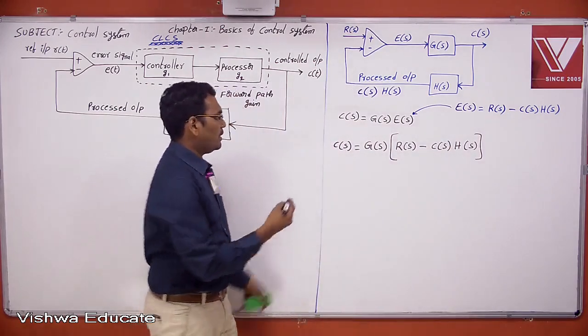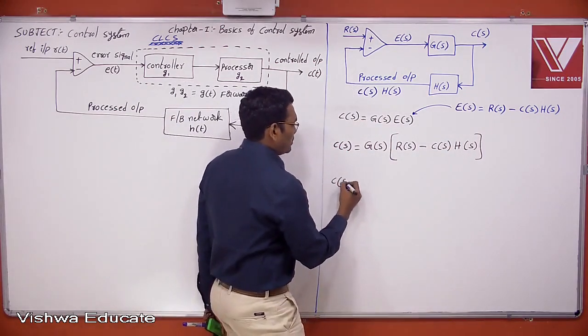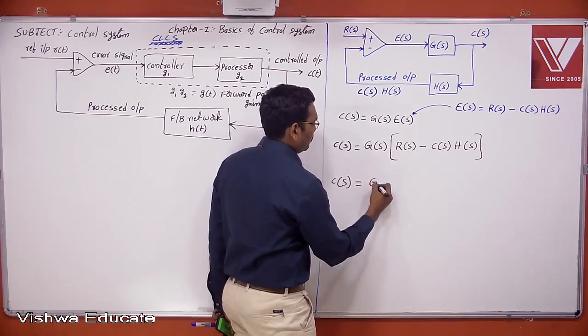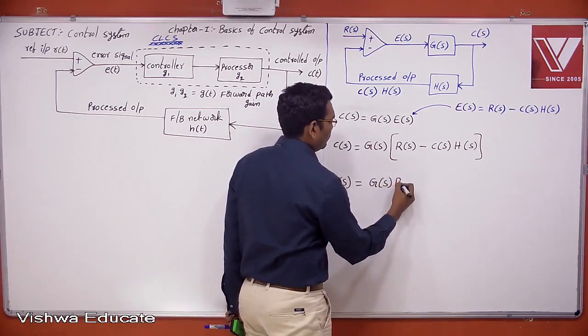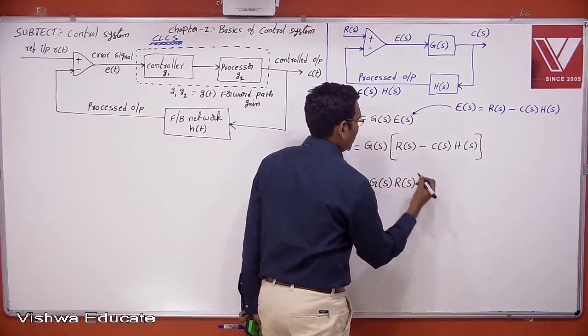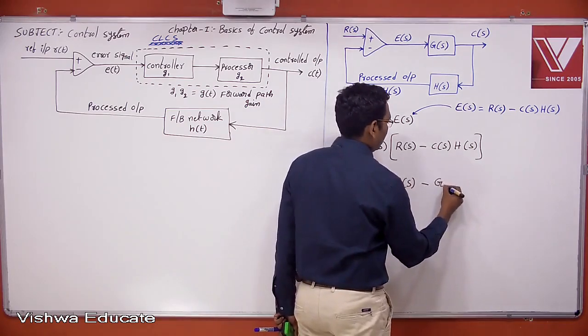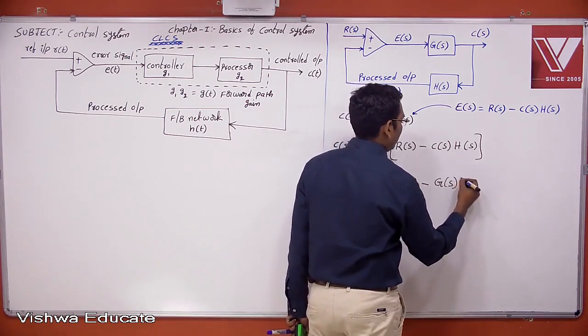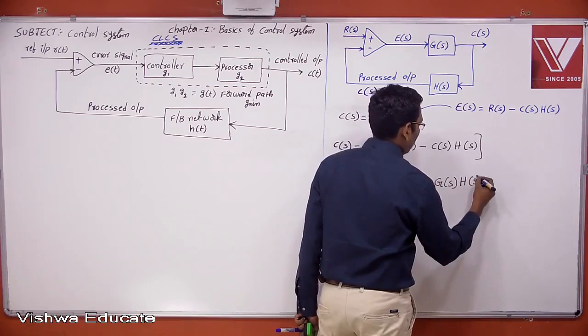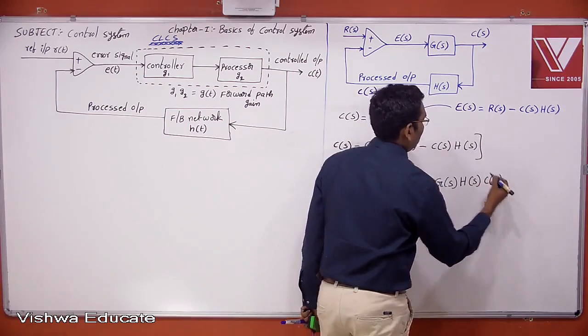Therefore, the controlled output c of s is equal to g of s into r of s minus g of s into h of s into c of s.